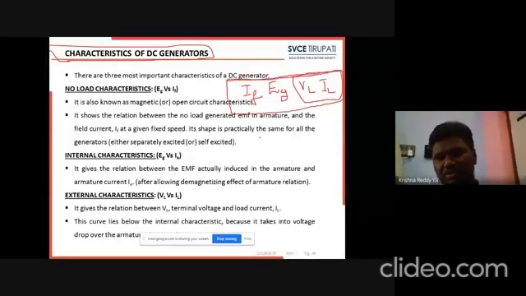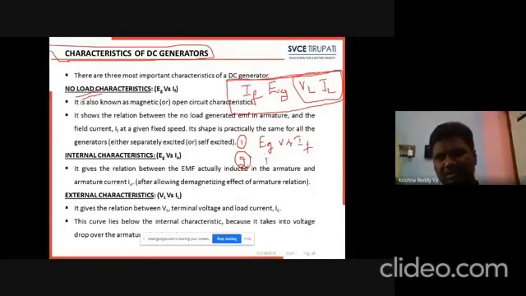When you draw the graph between EG versus IF, it is known as open circuit characteristics, or no load characteristics, or magnetic characteristics. This is the characteristics of a DC generator. The second one is internal characteristics.